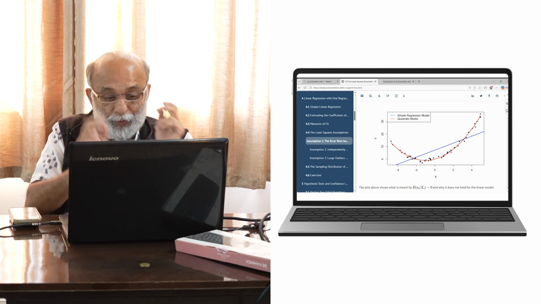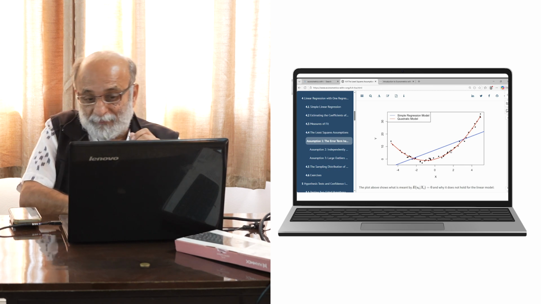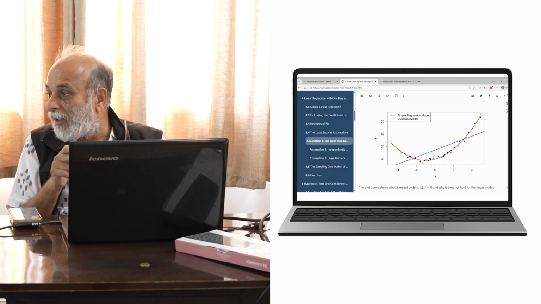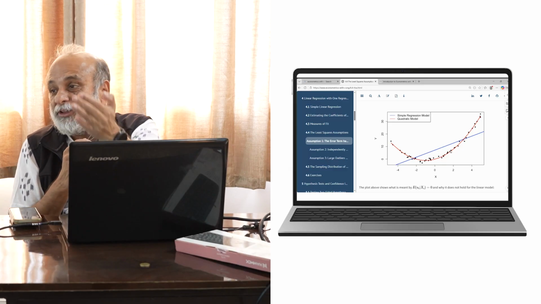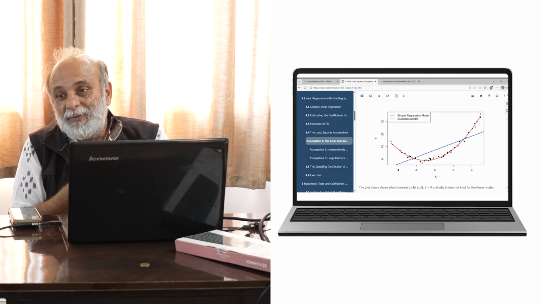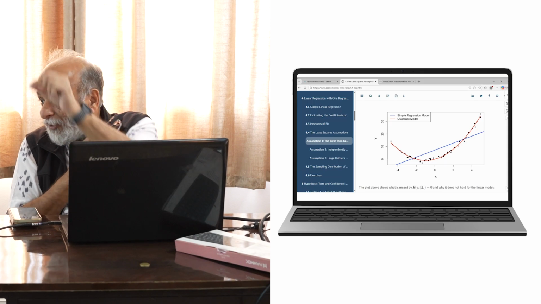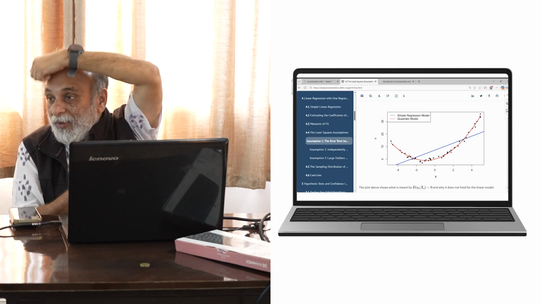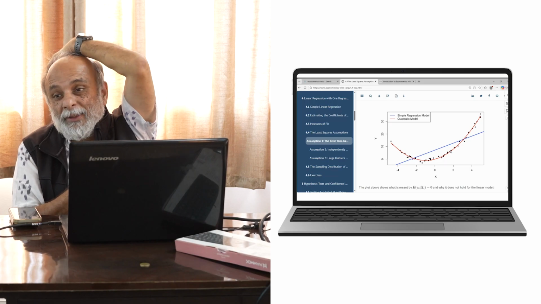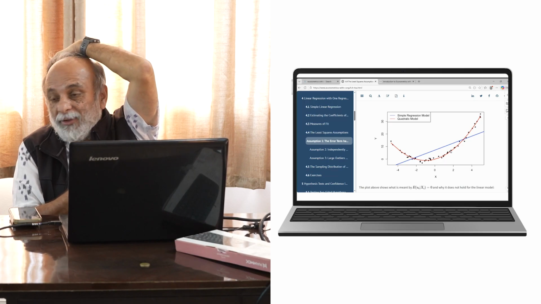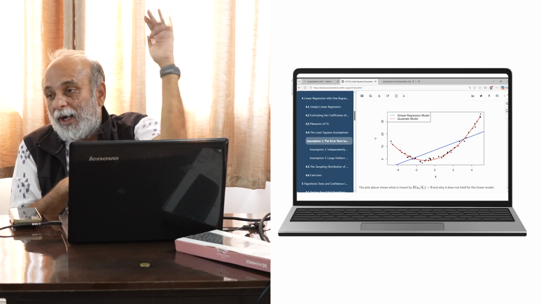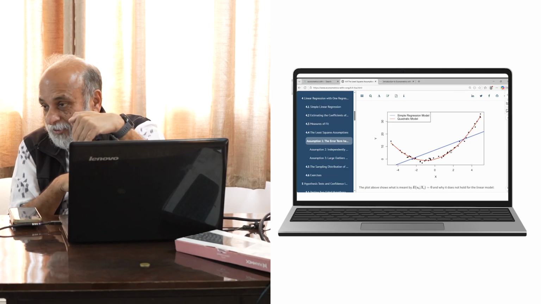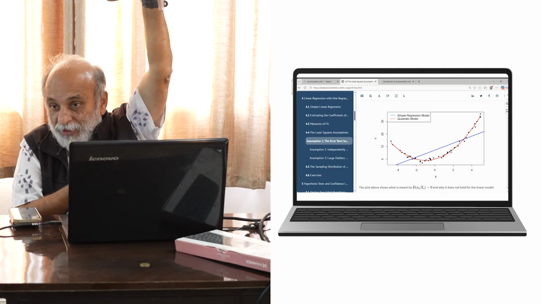Around the red line, some are below, some are above, and there doesn't seem to be any systematic pattern. Whereas for the blue line, you see a systematic pattern in the deviations. Up to the point where the red line is above the blue line, all the errors are positive.